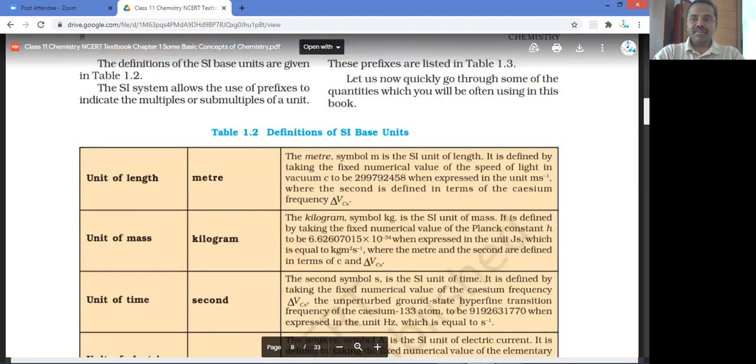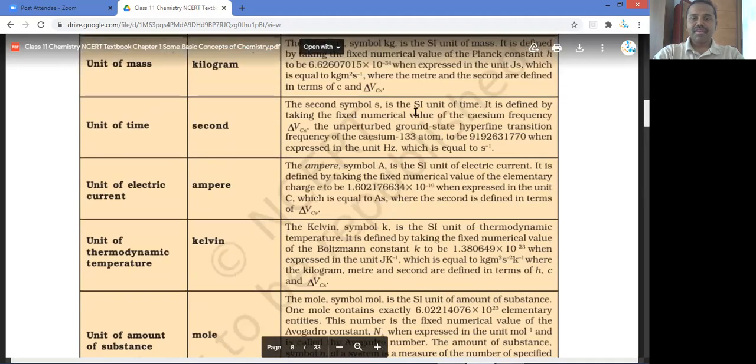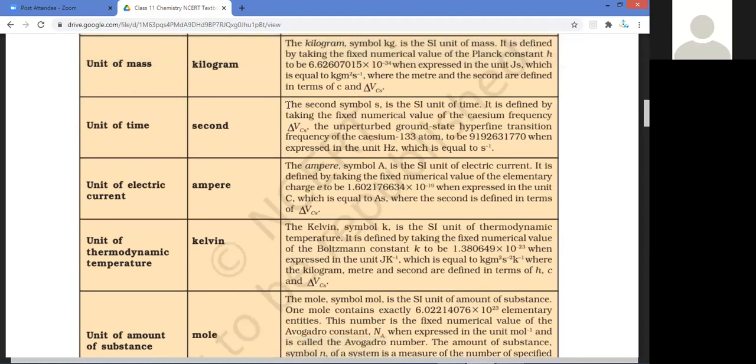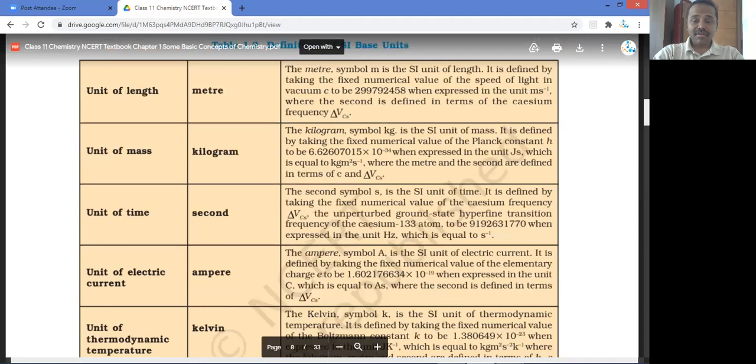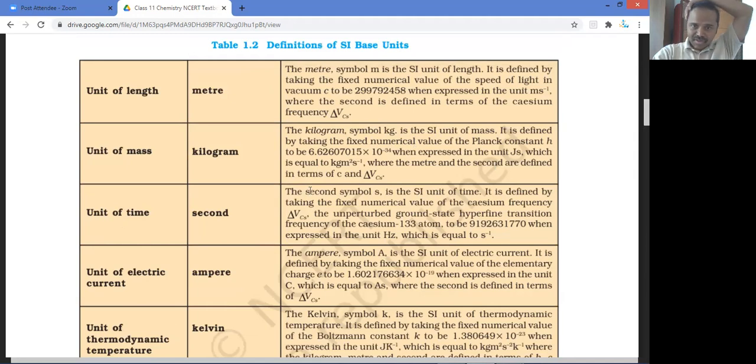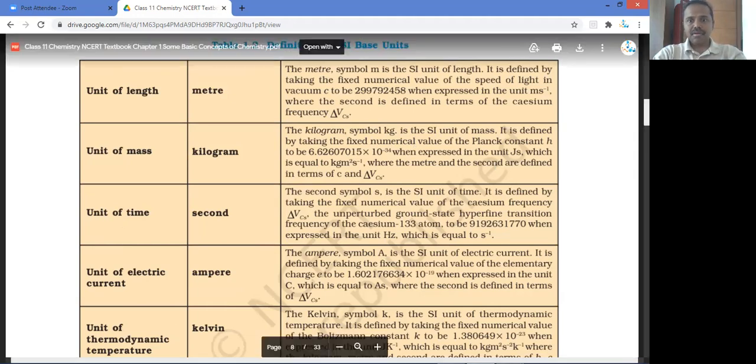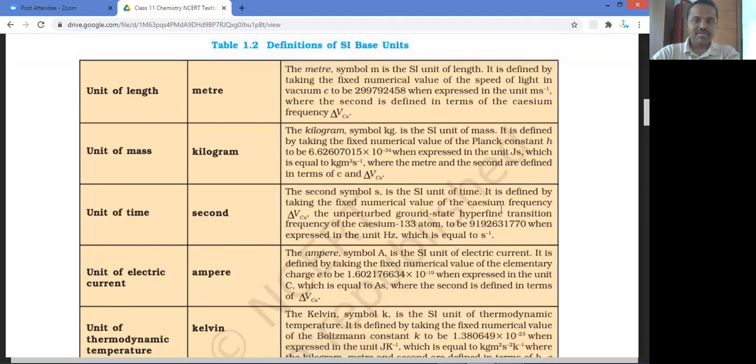My thumb click wouldn't be accurate, it would vary depending on the size of the thumb and the pressure. So think of it as the cesium frequency. I don't think we have to remember all those unperturbed ground state details.